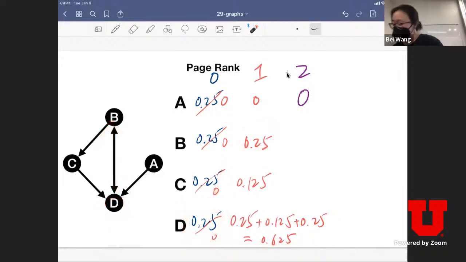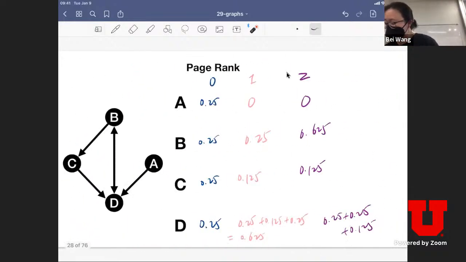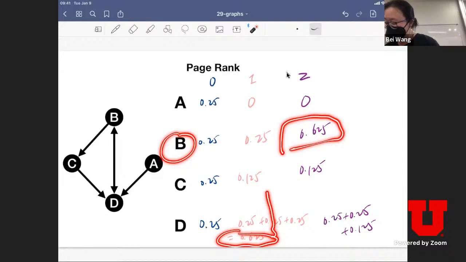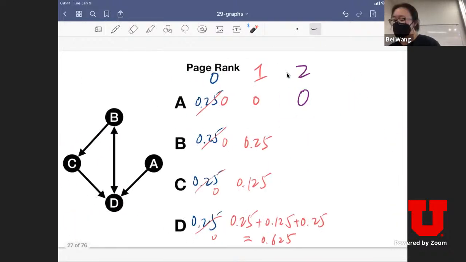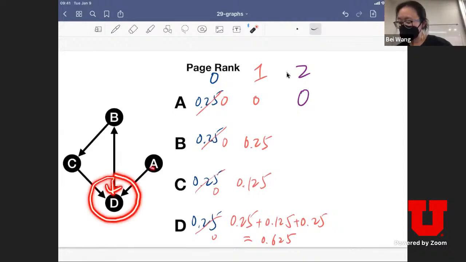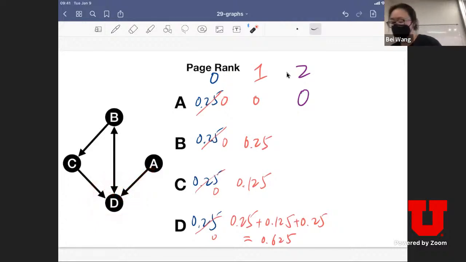That's why I say challenge yourself with the next iteration: because D and B are always connected, B is actually going to carry over what D has. So in this particular case, B and D influence each other as you go along with the iteration. But in some cases D still has a little bit more influence.